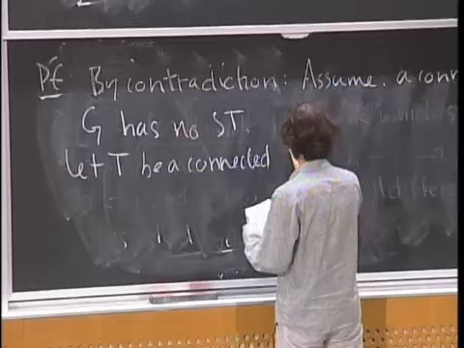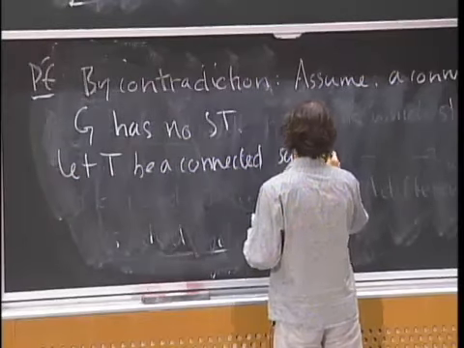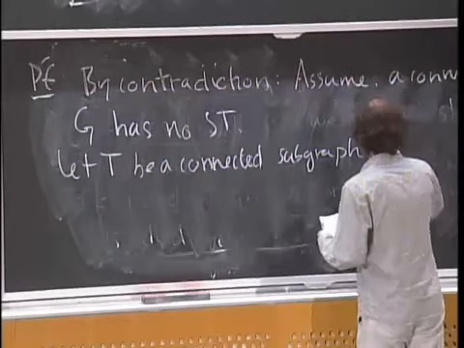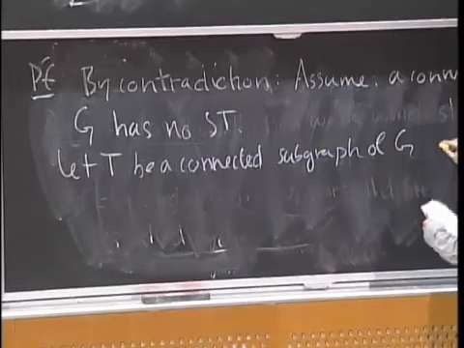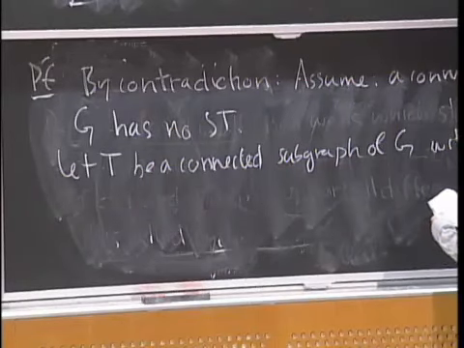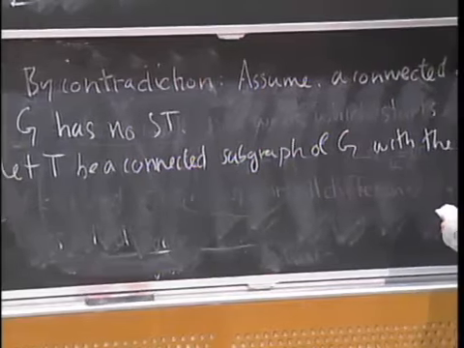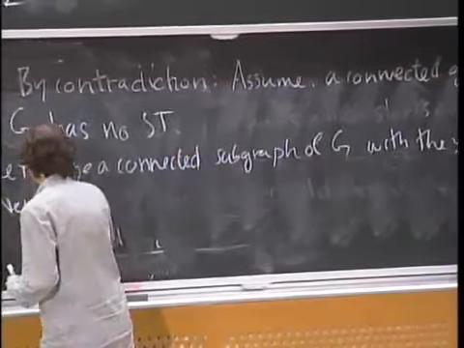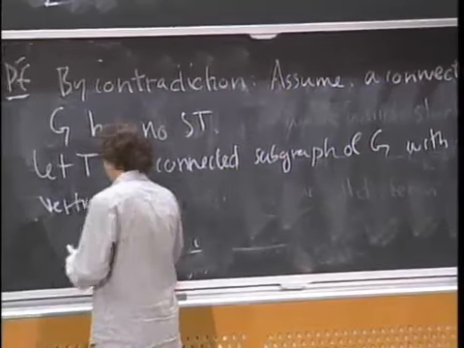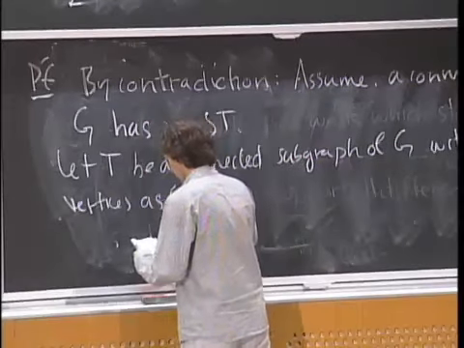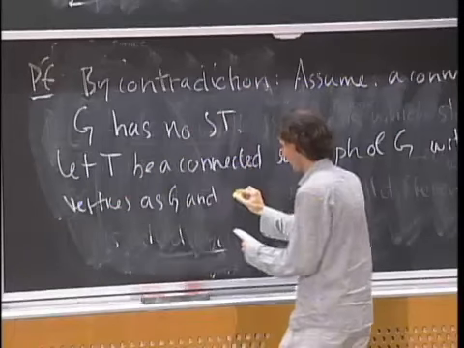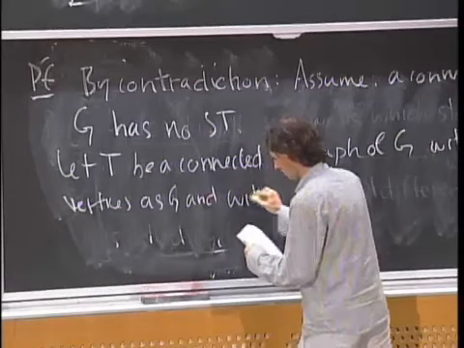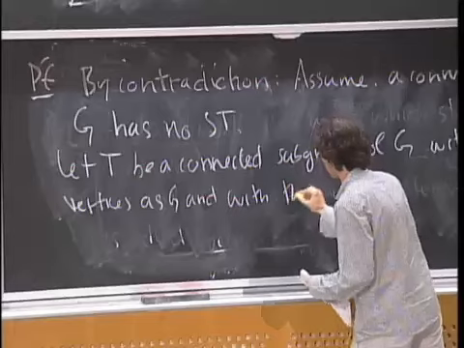So let this be a connected subgraph of G, and we assume that it has the same vertices as G, of course, and in addition, it has the smallest number of edges possible.